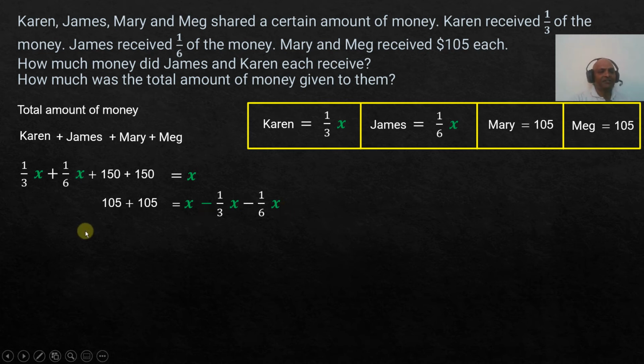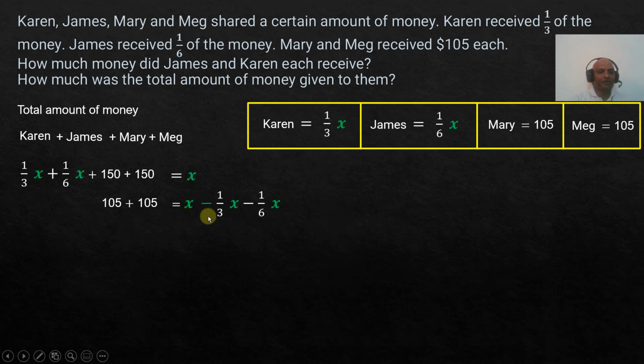Or in other words, we are going to minus 1/3x and minus 1/6x on the left hand side. And when you do something on the left hand side, you do the same thing on the right hand side to maintain this equality. So here also we subtract 1/3x and then 1/6x.